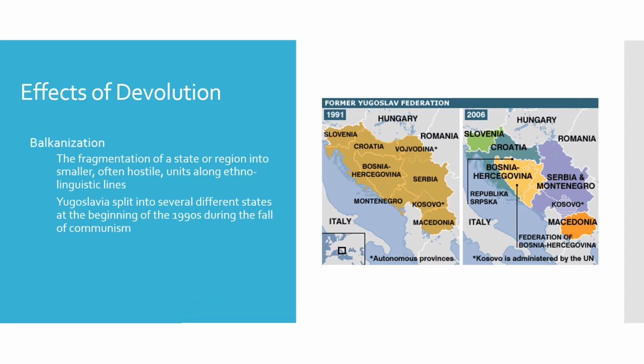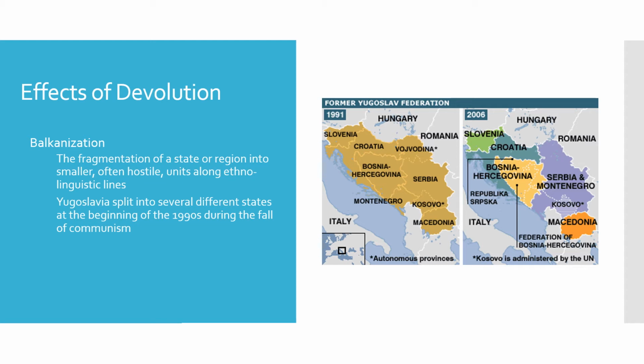Another effective devolution we mentioned is balkanization, where a state will literally break into different states. Yugoslavia is a great example of that, because Yugoslavia was a collection of, I think, 6 or 7 republics, and through the 90s and 2000s those split into different countries because of the devolution and internal conflict that had occurred.